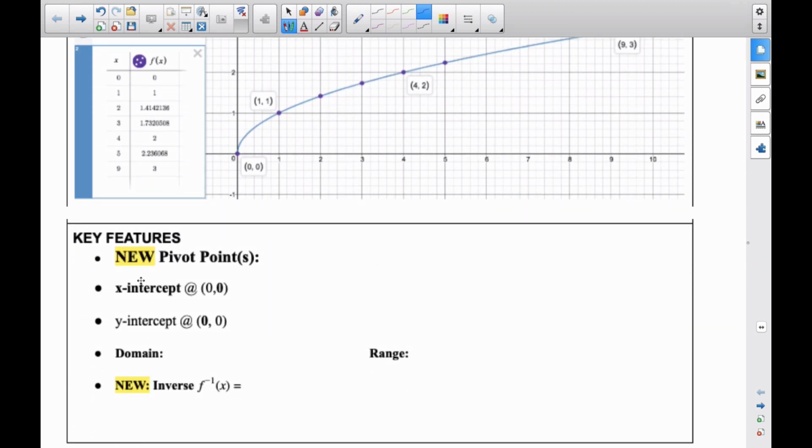As for new features, we have the x-intercept and y-intercept at 0, 0. That's pretty straightforward. But I'm going to introduce you to something called the pivot point. The pivot point tends to be the defining point or points of the graph, the one we follow all around.